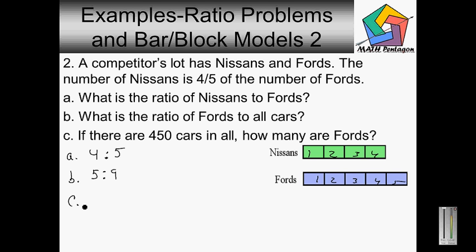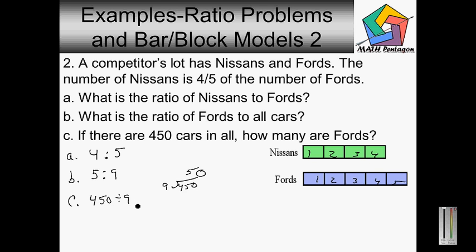And for C, if there are 450 cars in all, how many are Fords? Well, you basically have to do 450 divided by 9 because we want to know in all. So 450 divided by 9, and we write it out. So 9 goes into 45 5 times, and 9 goes into 0 0 times.